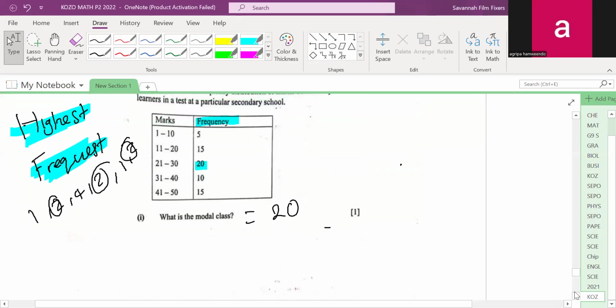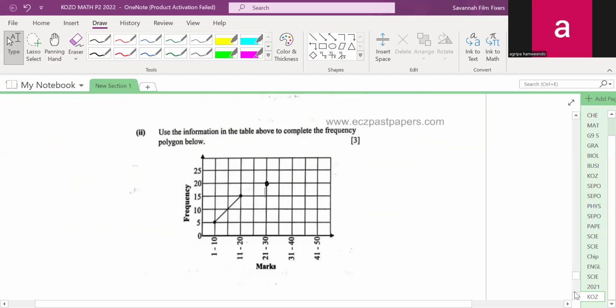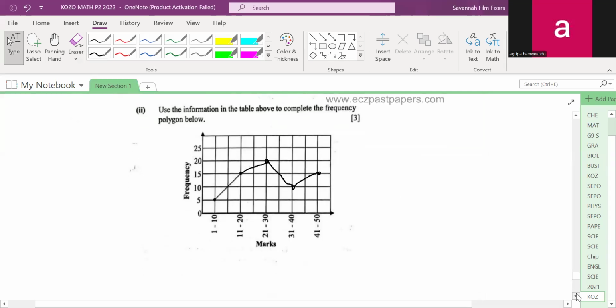Then the other one is at 15. So this one is at 10, the other one is at 15. So it's just this. It's that, right? Okay.